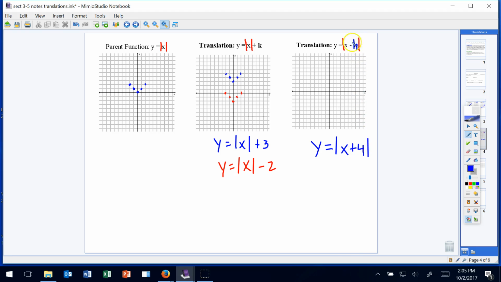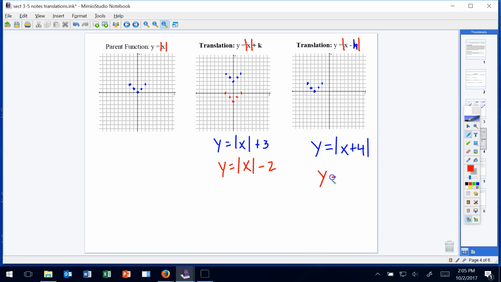And it's the h number that tells us how to move left or right. Well, in this case, h was -4, so I'm moving the parent V 4 places to the left, even though in the equation itself, in the function, it looks like it might move to the right. So it's the horizontal shift that you really have to be careful about.